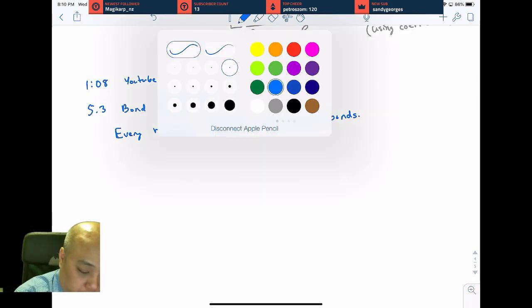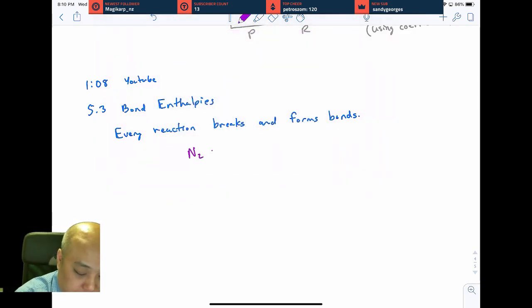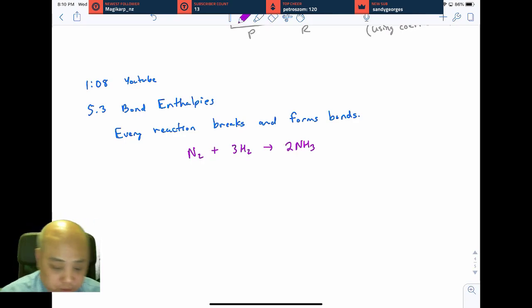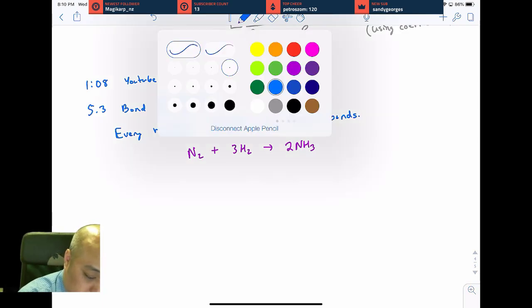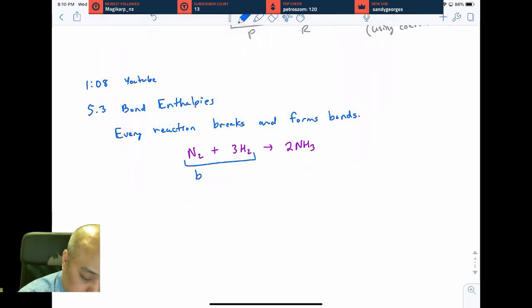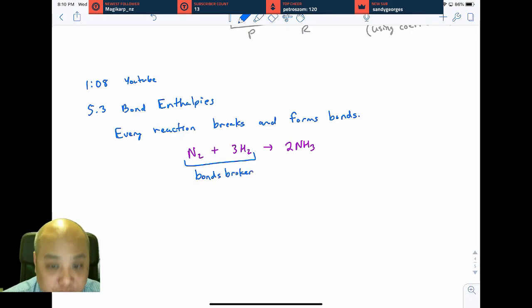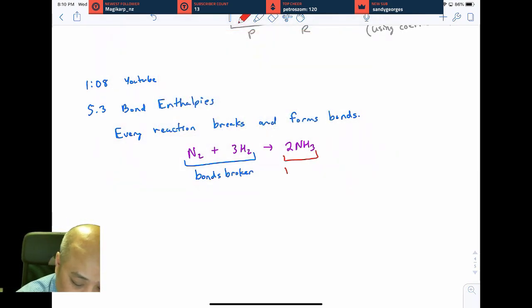And so when you look at something like, I don't know, N2 plus 3H2 yields 2NH3. There are bonds being broken on this side so that the N's can separate from each other, the H's can separate each other, and then they can form on this side.